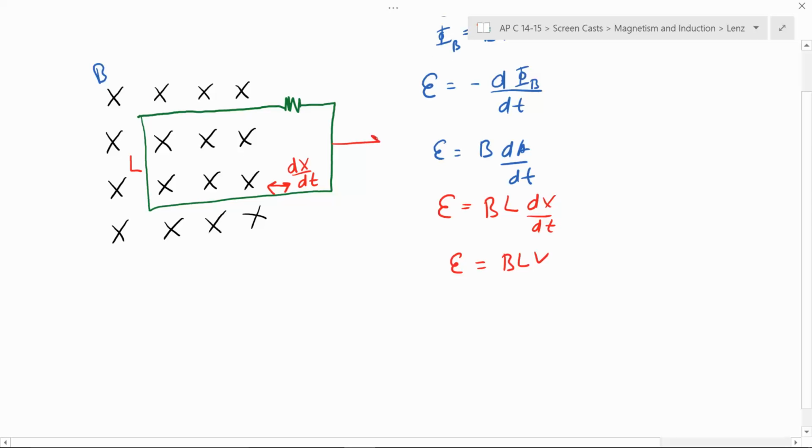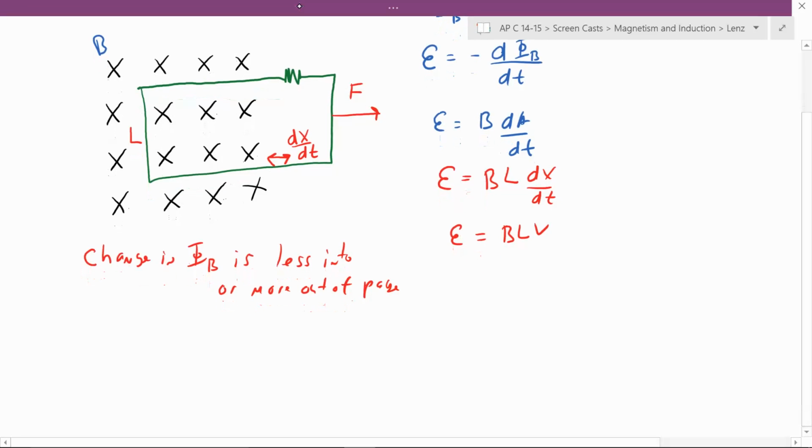So if you're pulling it this way, and this is the direction that you're applying a force, the change in the flux is less into or more out of the page.